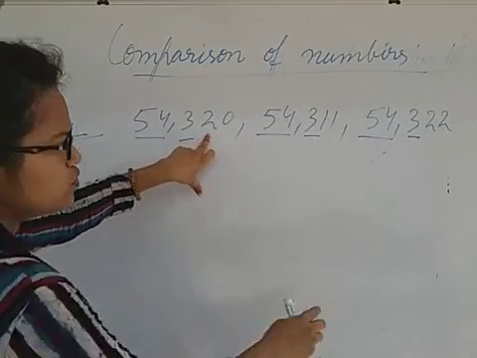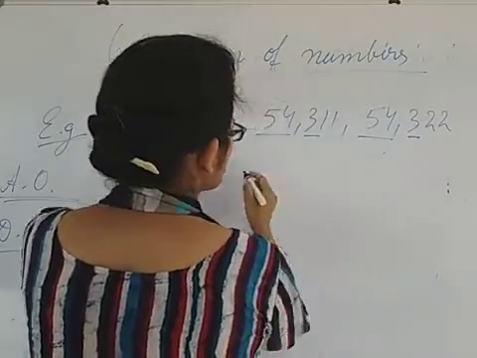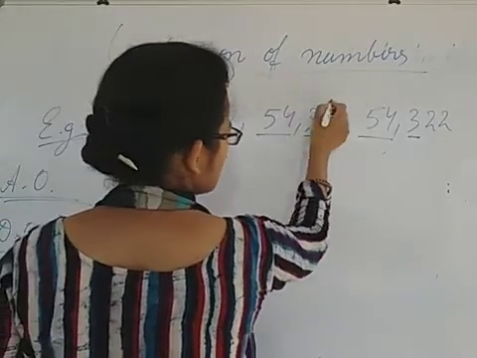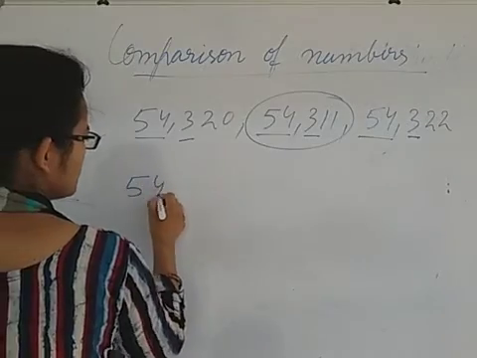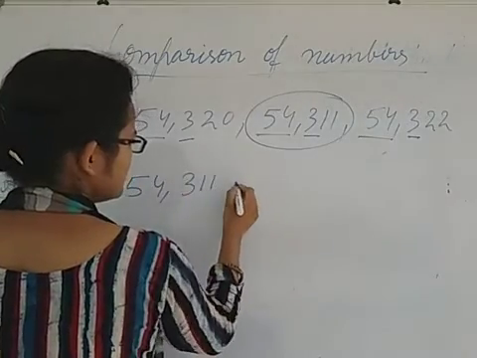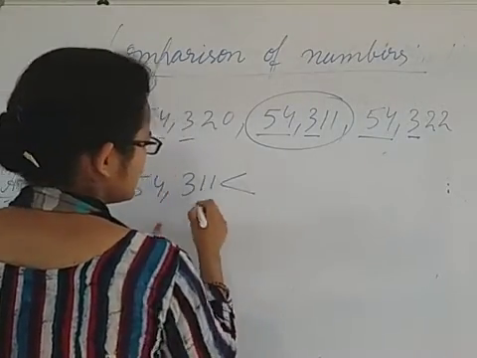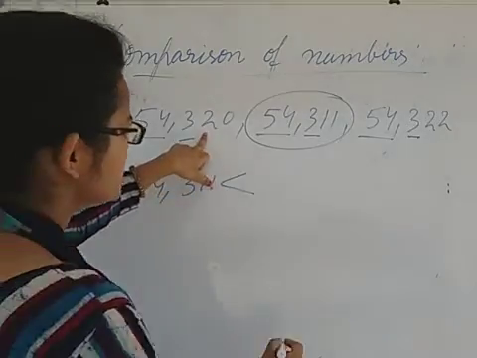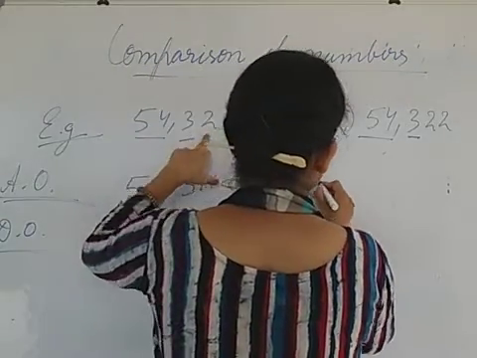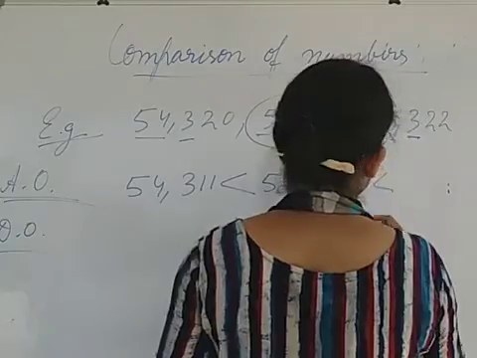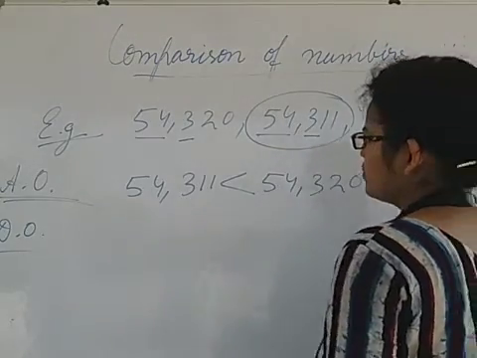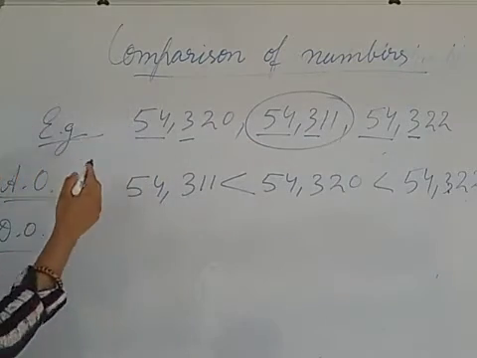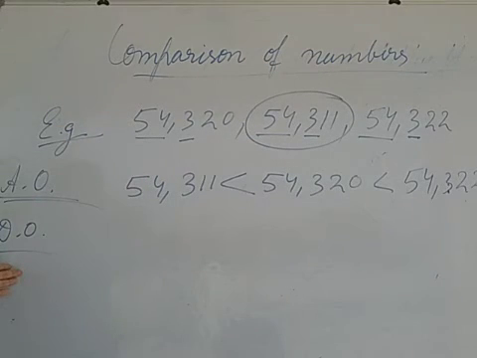Now here 2, 1 and 2. So the smallest one is 54,311. Greater than this is 54,320 and 54,322.